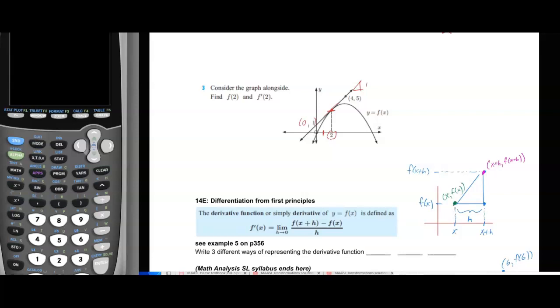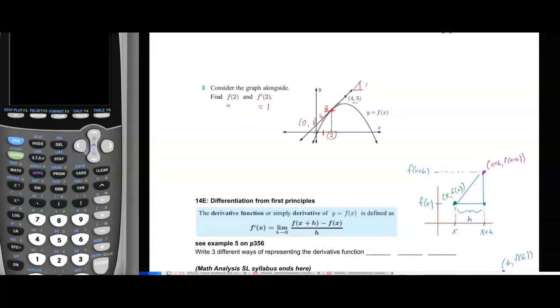The height at 1 would be 2. The height at 2 would be 3 because it's a slope of 1, right? That makes sense, right? And then if we go over to x equals 3, it would be height 4. If we go over to x equals 4, it would be height 5, so it works out. So the height is 3, f of 2 is 3, and f dash of 2 is equal to 1.